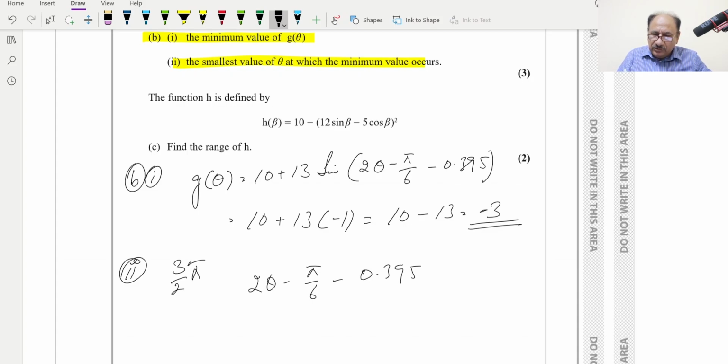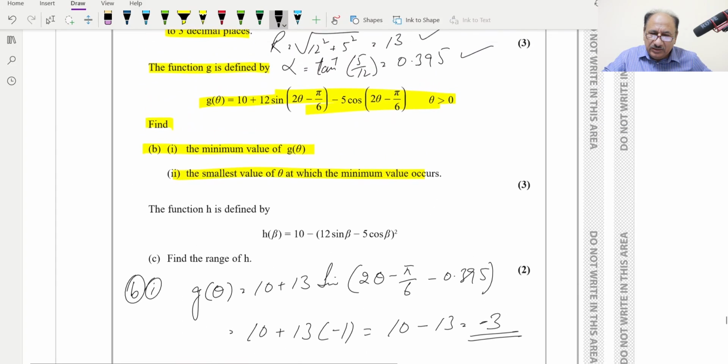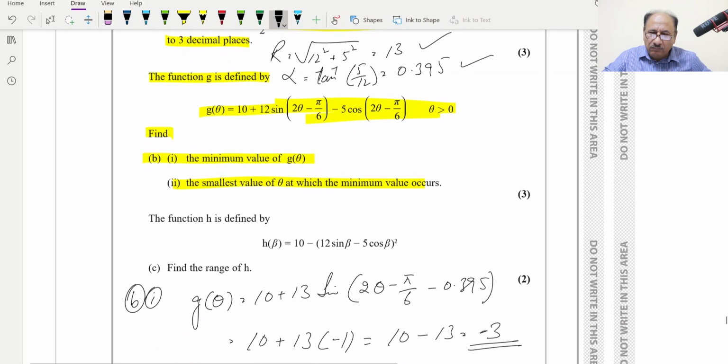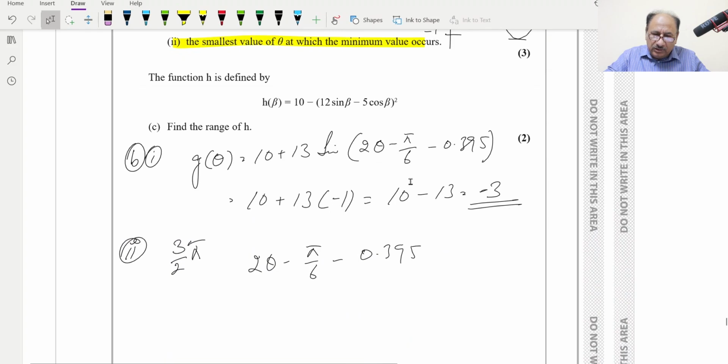Sine theta values vary from minus 1 to 1, so the maximum value will be 1 and the minimum value will be minus 1. That's why we have taken the minimum value as minus 1, so this results in minus 3.